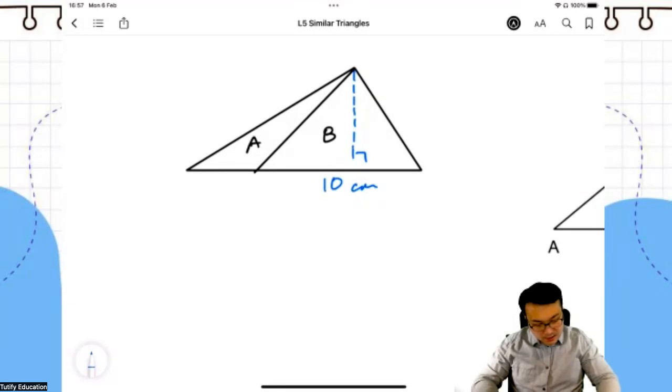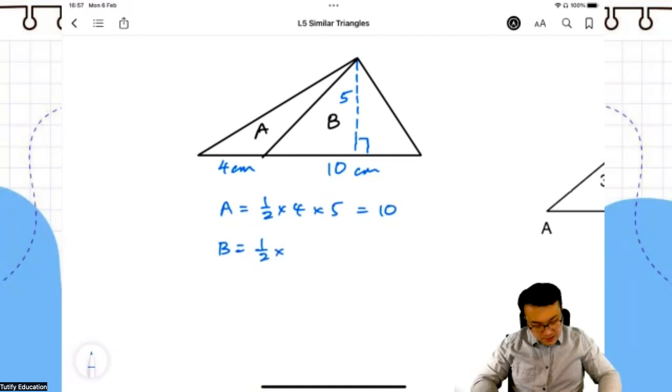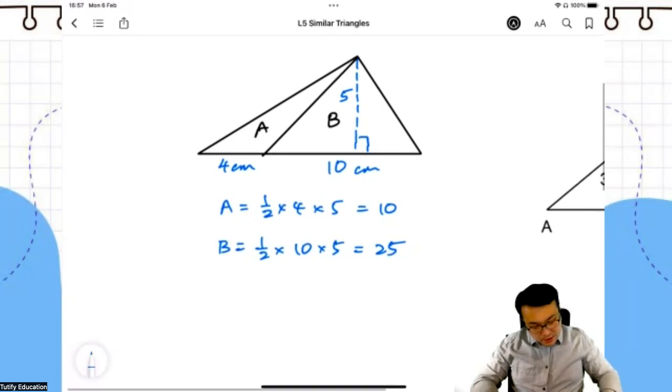Okay, let's say the height is 5. Okay, and triangle A has a base of 4 cm. Then what is the area of triangle A? The area of triangle A will be half times base times height. And the area of triangle B will be half times the base times the height. Right? And you notice the ratio.